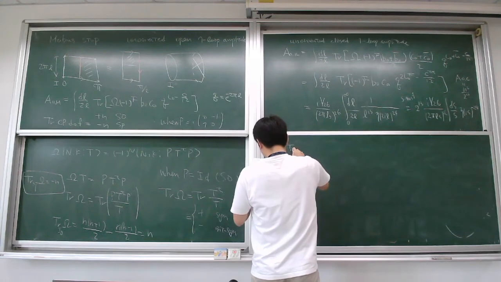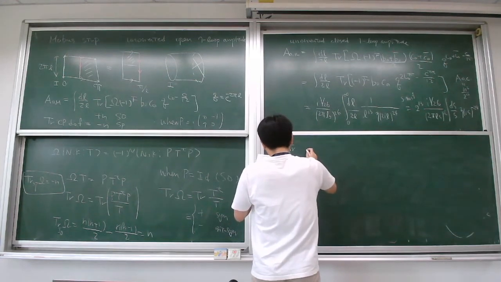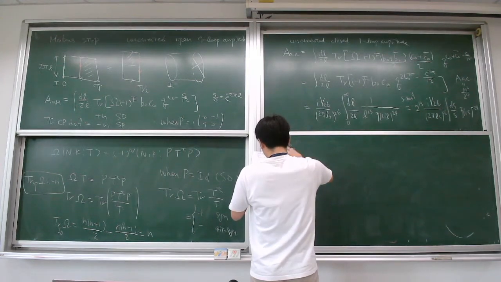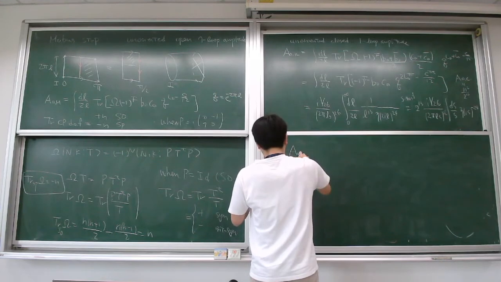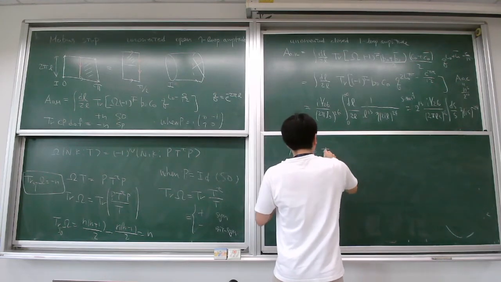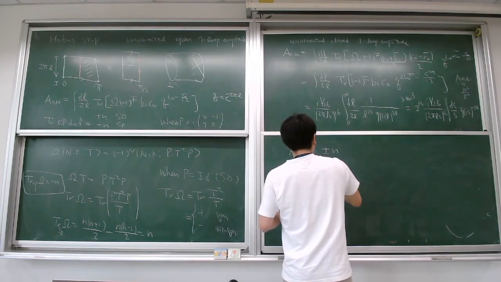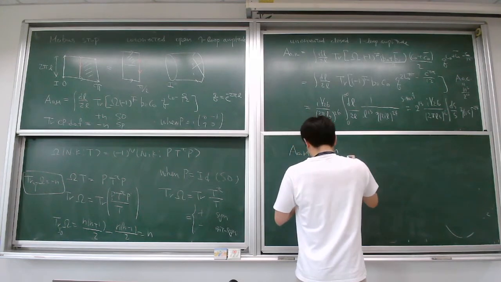Trace of omega, as before. It's the same as before. A0m, plus minus n. So this comes from either SO or SP.